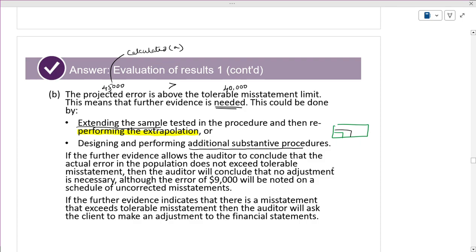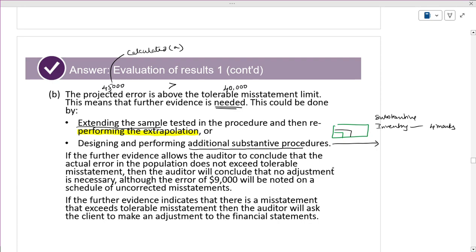Assume, as I told you just now and am revising here, they say that you have to do substantive procedures for inventory. They will give a scenario and ask for substantive procedures for inventory, for which they will give you 4 marks.